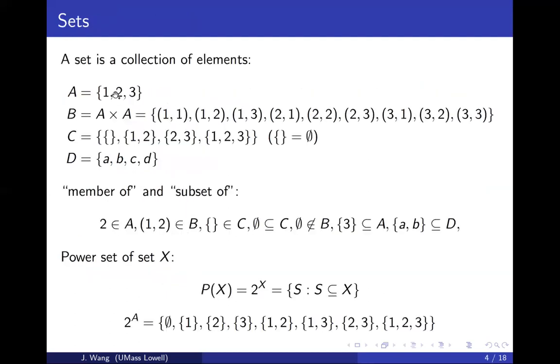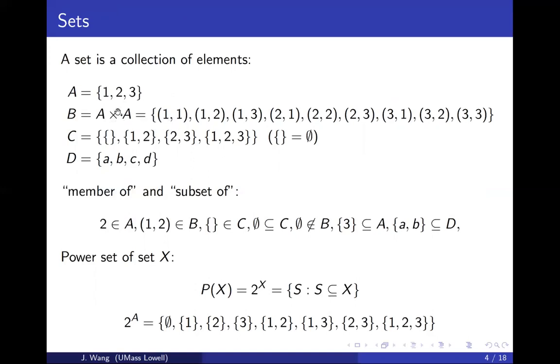Okay, so a set is simply a collection of elements. For instance, we can write A, which is a set of three numbers, 1, 2, and 3. Okay, and also we can look at a Cartesian product of A. So we use this cross to indicate this is a Cartesian product.